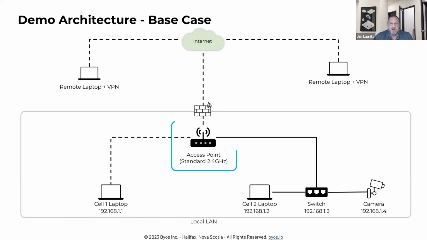Some sort of network infrastructure exists below that perimeter firewall that is facilitating connectivity and traffic management. In this particular case, we're looking at a wireless access point. This wireless access point is representative of an ISP, or internet service provider. And then beneath that access point or that piece of infrastructure equipment are some assets or endpoints, if you will. So we see we've got a cell 1 laptop, we've got a cell 2 laptop.